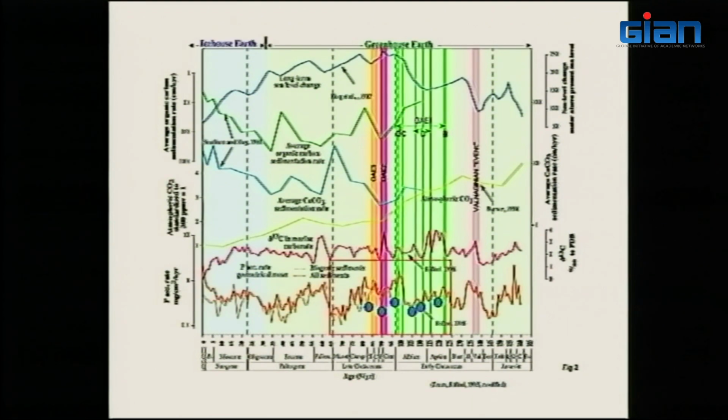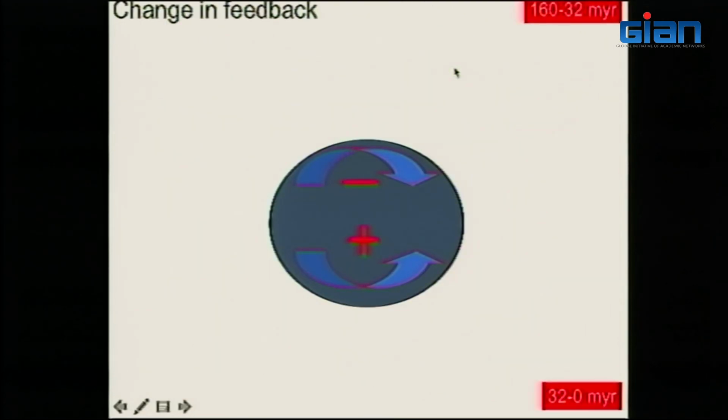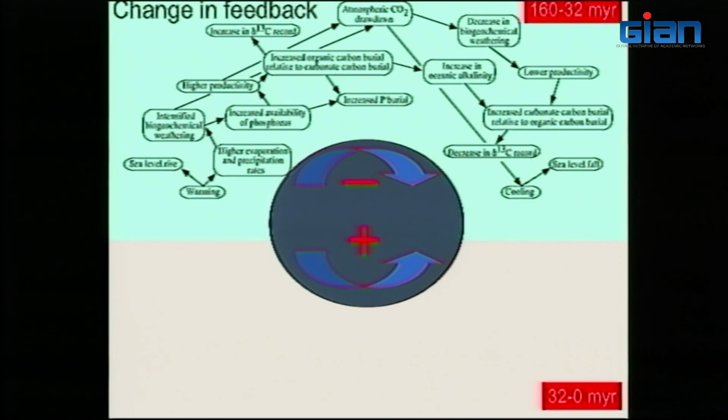Let's see what happens during that part, where phosphorus is generally linked to sea level change. This is quite complex, but in fact quite easy to understand. After one week, you will understand this quite easily.